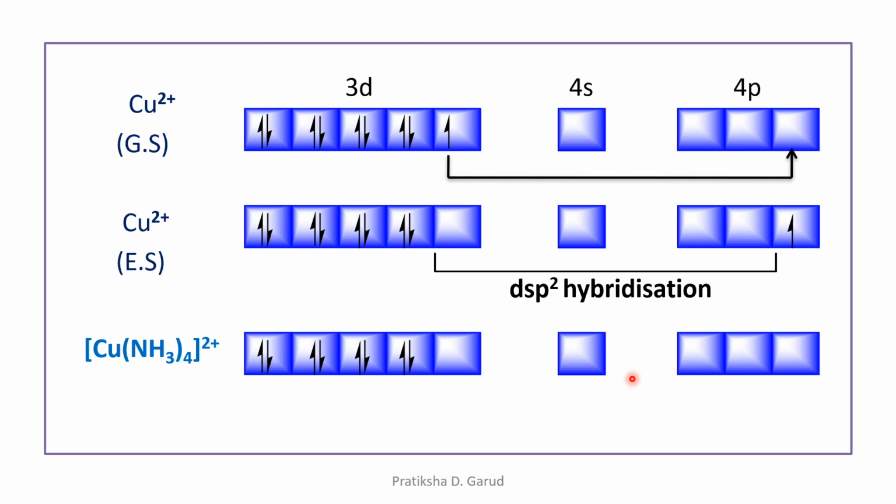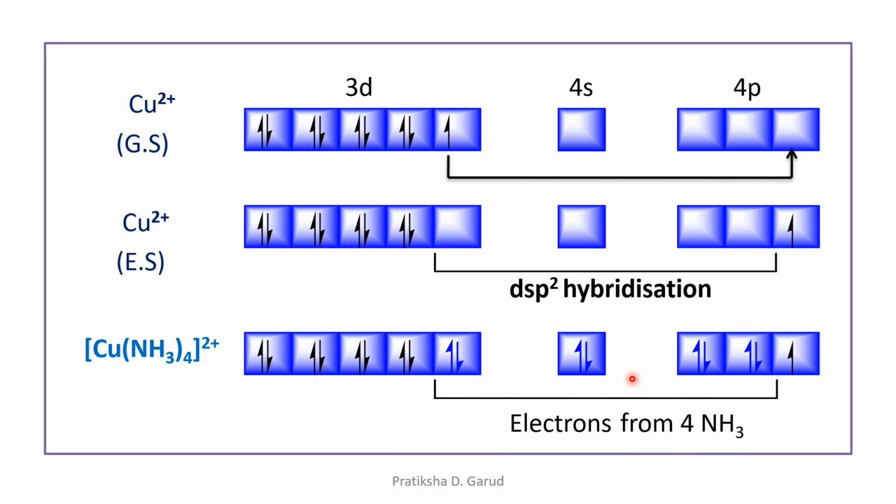Then the last electron is in the 4p. Further we have the first pair of electrons, second pair, third pair, and the last is the fourth pair of electrons. So these are the 4 pairs of electrons which are given by the 4 ligands, or we can say that these are the electrons from the 4 NH3. So this is regarding this complex ion [Cu(NH3)4]2+.